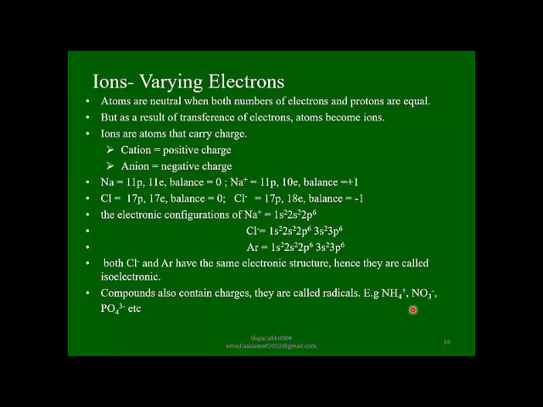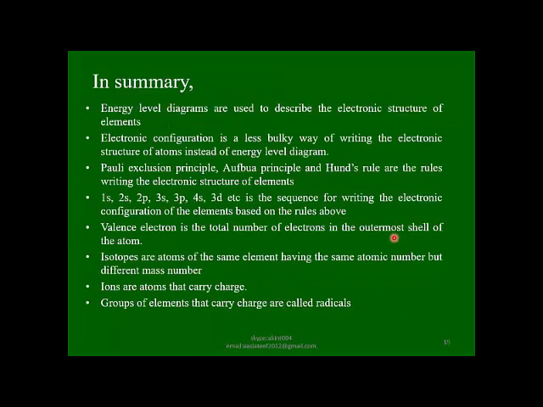These ones are called radicals, when we have a group of elements carrying a single charge and behaving as a single unit. Charges are brought about as a result of transfer of electrons. It is either gaining an electron or losing an electron. If it is gaining electron, we have anions, negative. If it is losing electron, we have cations, positive.